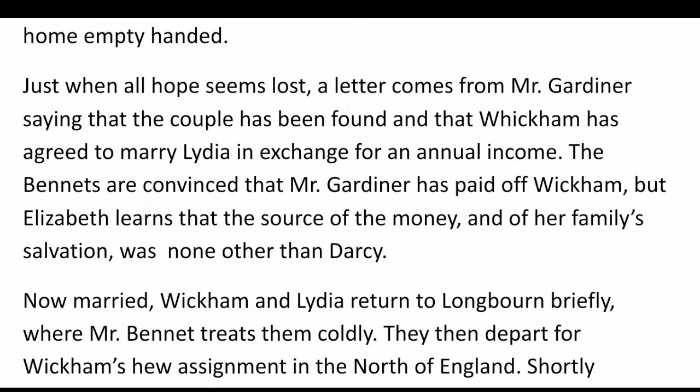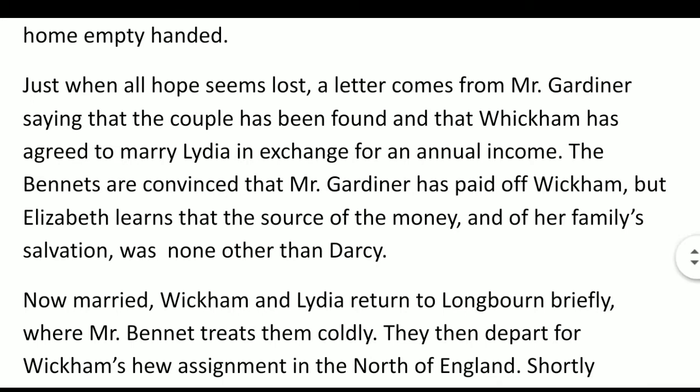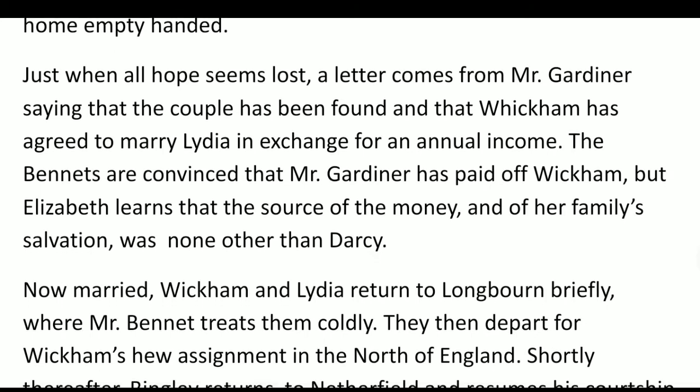Just when all hope seemed lost, a letter comes from Mr. Gardiner saying that the couple has been found and that Wickham has agreed to marry Lydia in exchange for an annual income. The Bennets are convinced that Mr. Gardiner has paid off Wickham, but Elizabeth learns that the source of the money and of her family's salvation was none other than Darcy.